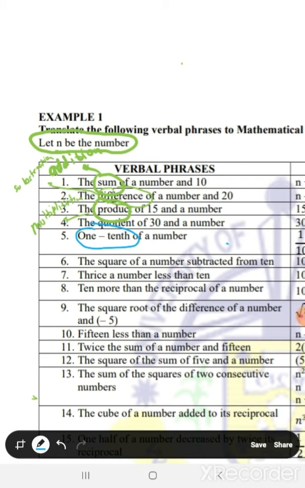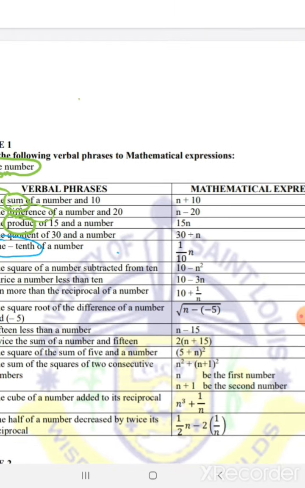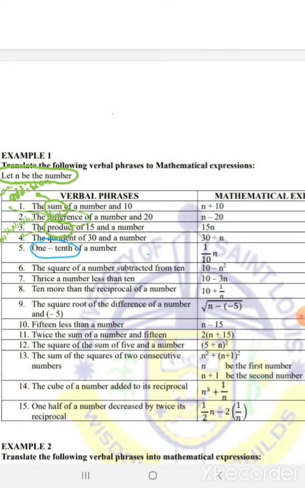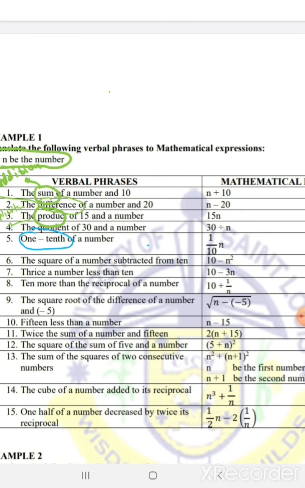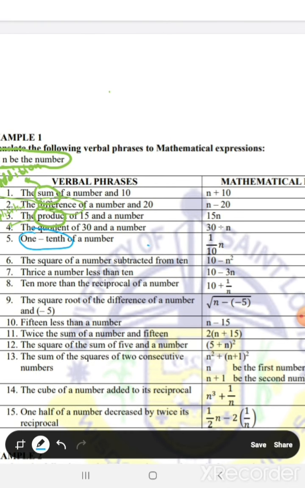If you will rewrite it into the decimal, but this is the correct term, 1/10, because when you are talking about mathematical expression, you are just expressing your verbal phrase. Okay, it does not tell you to solve the expression.